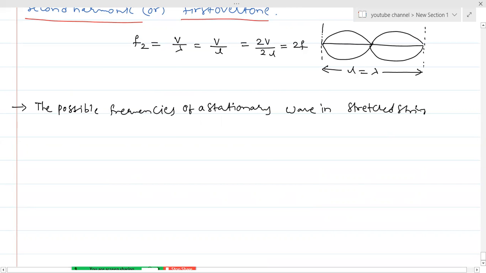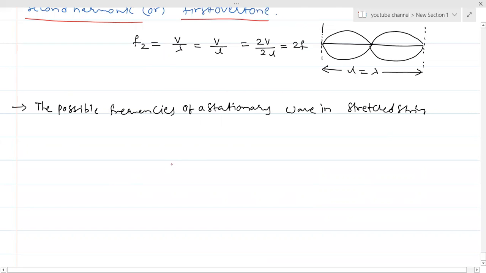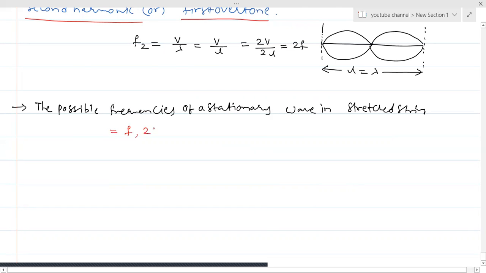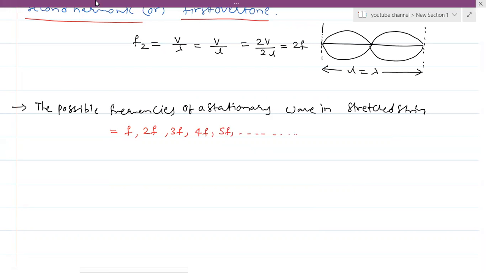We take the possibility as F. The first possibility is F, the first harmonic, then the second harmonic, third harmonic, fourth harmonic, and so on.